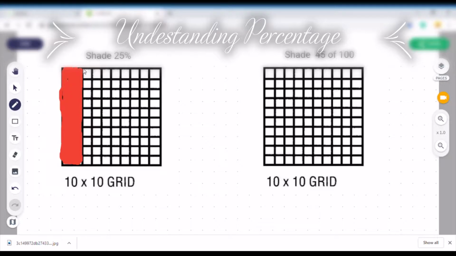And then 5: 1, 2, 3, 4, 5. So this is our 25%.